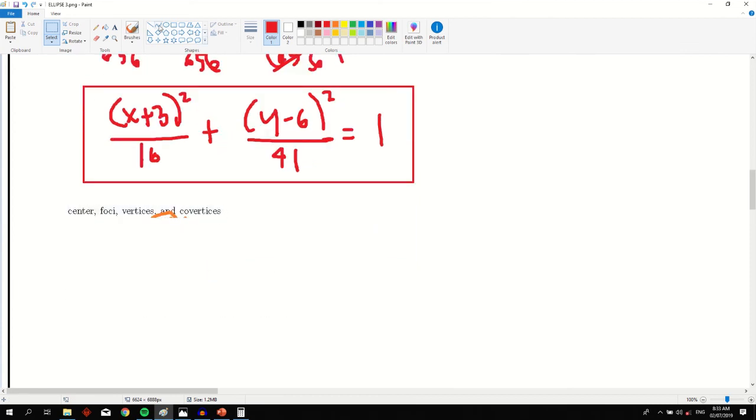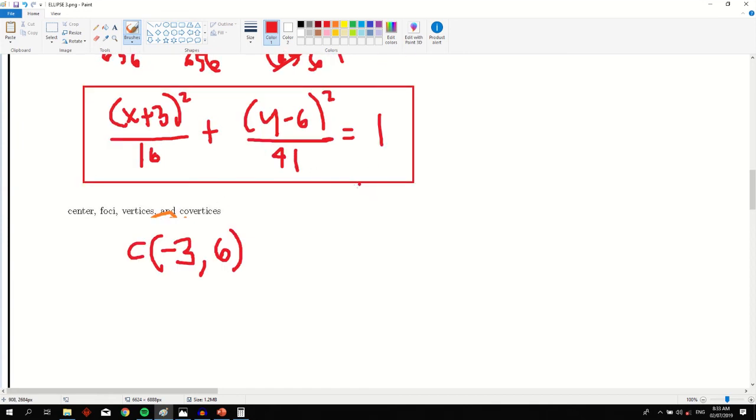To get the center, we just look at this x plus 3. If we transpose that, it will become negative 3. The x should always be here. Then y, we transpose that, it will become positive 6. So that will be our center, negative 3 and positive 6.